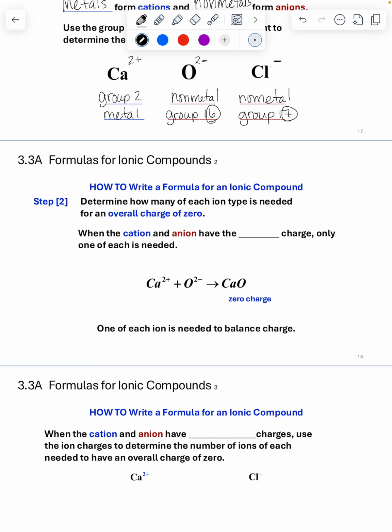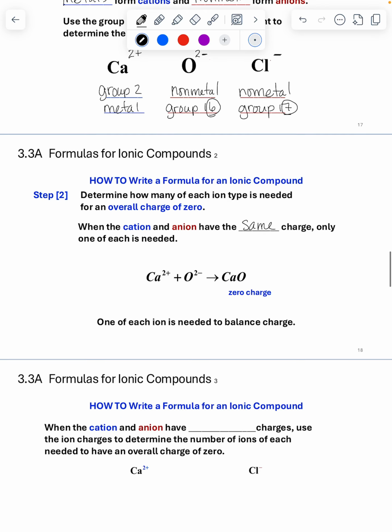And so here we see an example of that. We have the calcium 2 plus ion and the oxide 2 minus ion. So they have the same charge, therefore only 1 of each is needed. And so the formula that we need is CaO, 1 of each. And when we add those up, the charge is equal to 0, which is our goal.